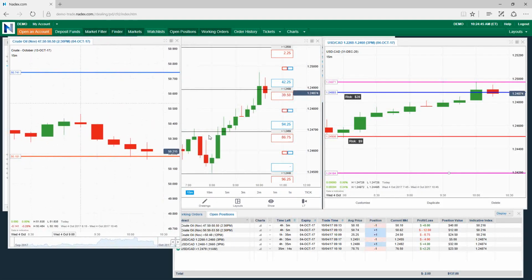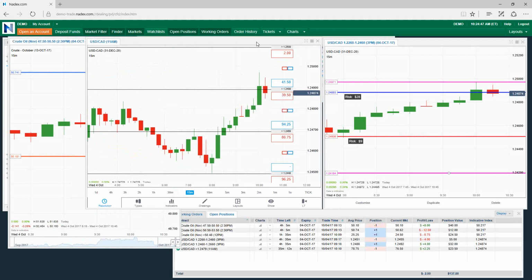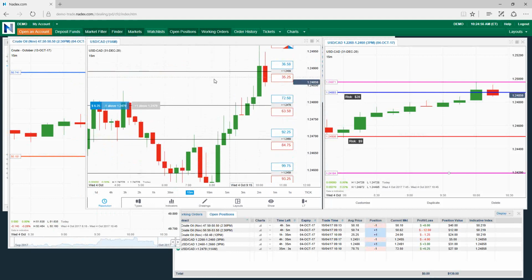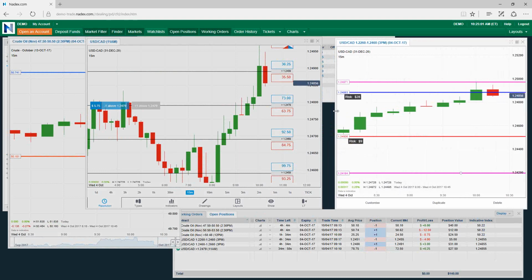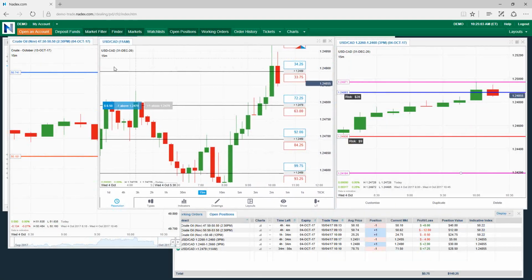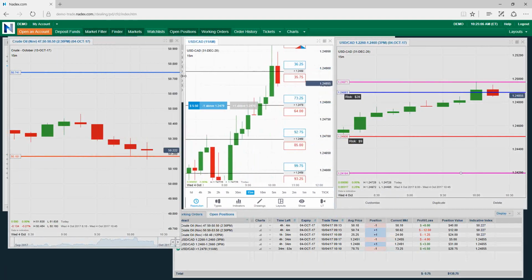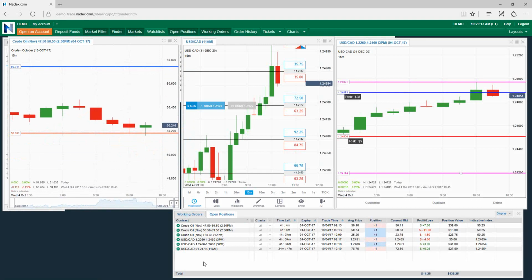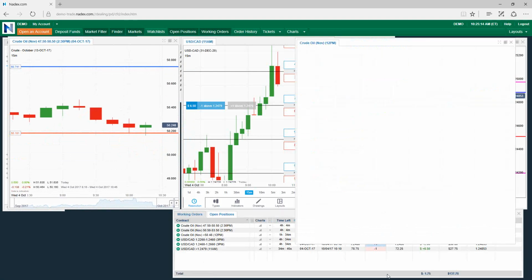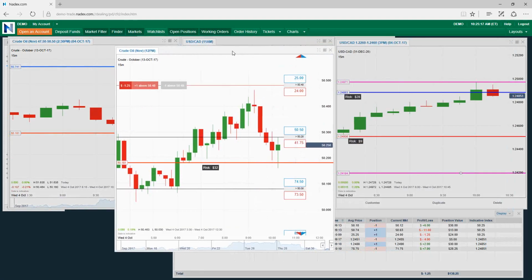Now, remember, this is the spread. This is the binary. And this will move usually very quickly when that market report comes out. And we also have the crude binary.